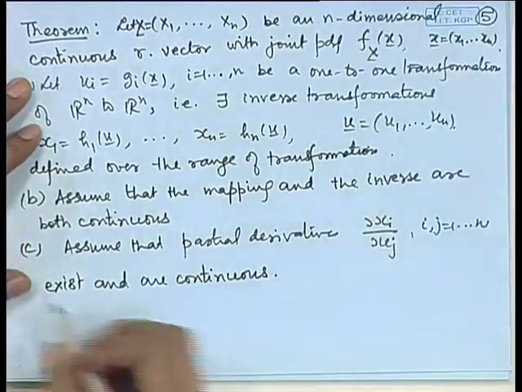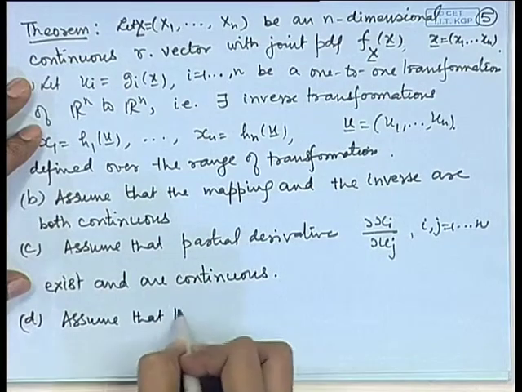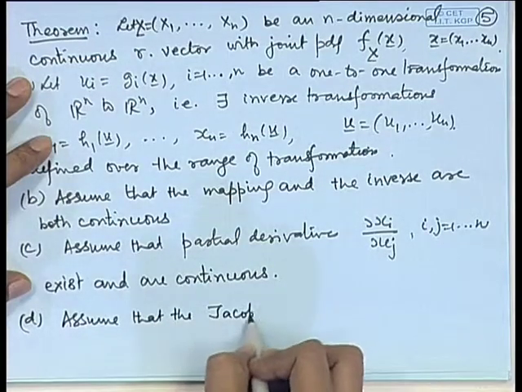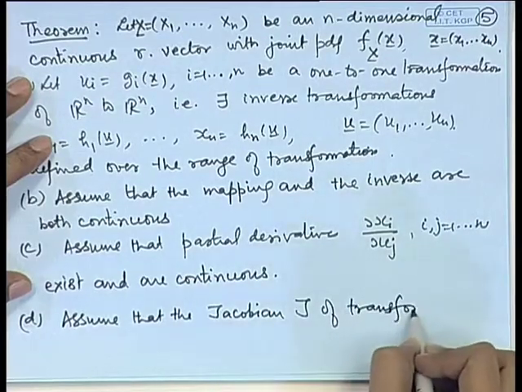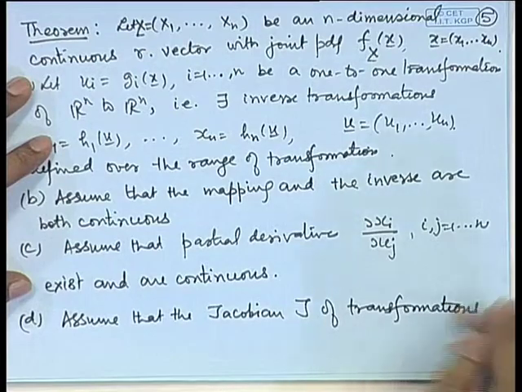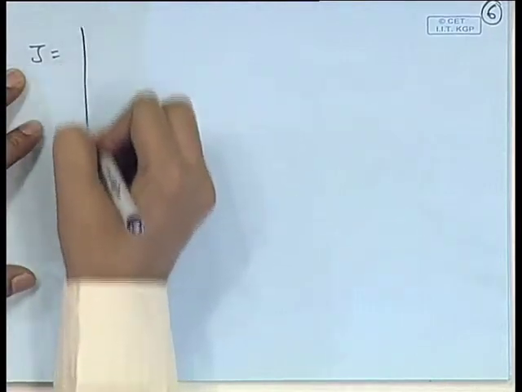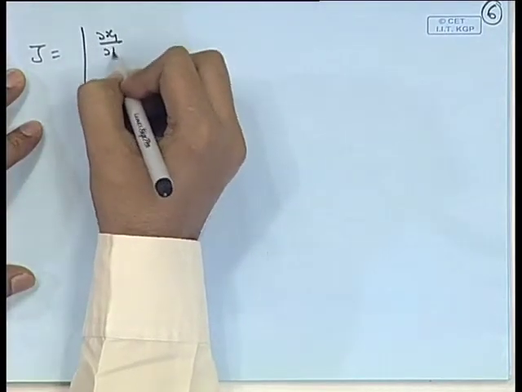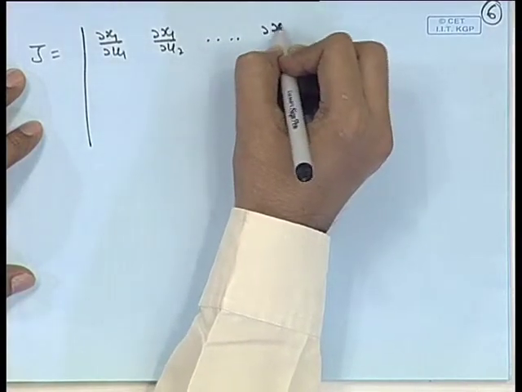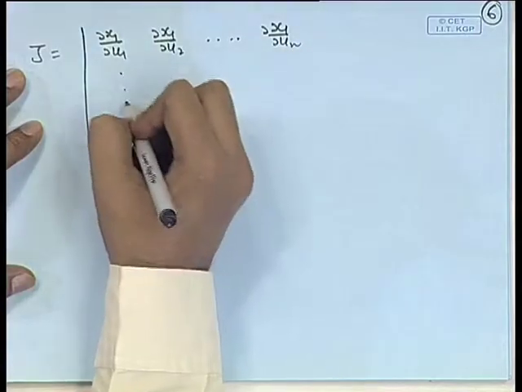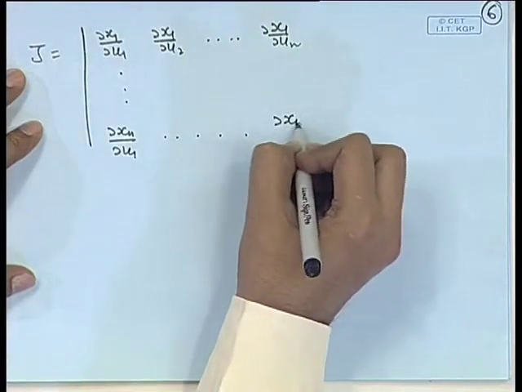Then we define the Jacobian J of the transformation, which is defined by J equal to the determinant of the matrix with entries del x1 by del u1, del x1 by del u2, and so on, del x1 over del un, and so on, del xn over del u1, and so on, del xn over del un.